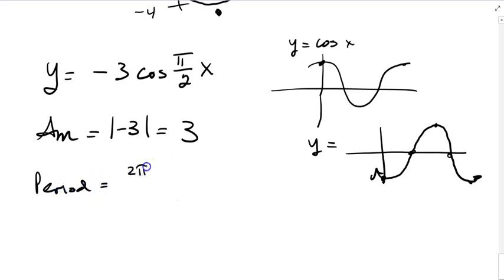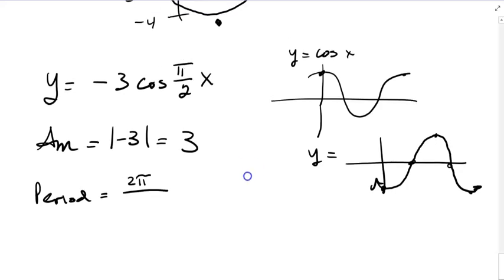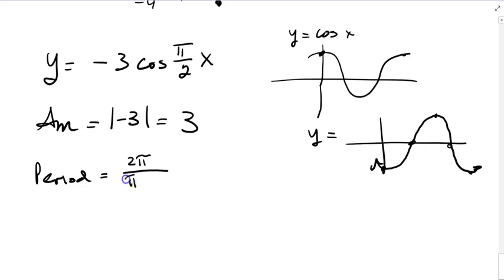Okay, let's move on to our period. So we have 2 pi, because sine and cosine always start with 2 pi, divided by that b value. That b value, of course, is simply pi over 2. So remember what I said before, dividing by pi over 2 is multiplication by the reciprocal of pi over 2, which is 2 over pi.